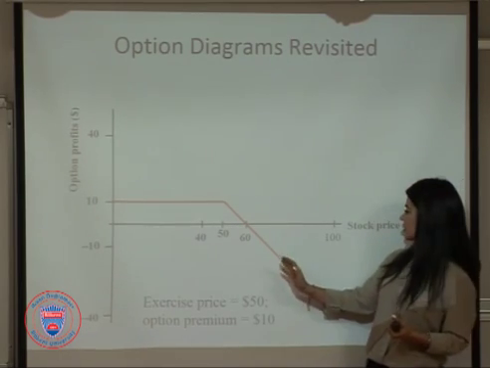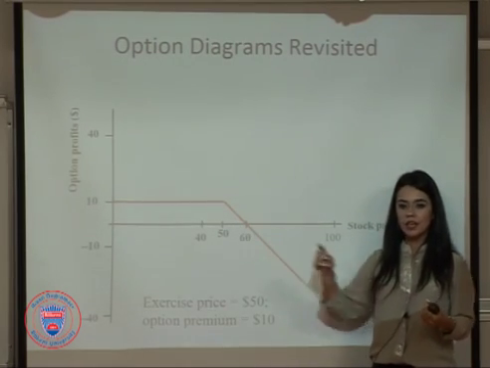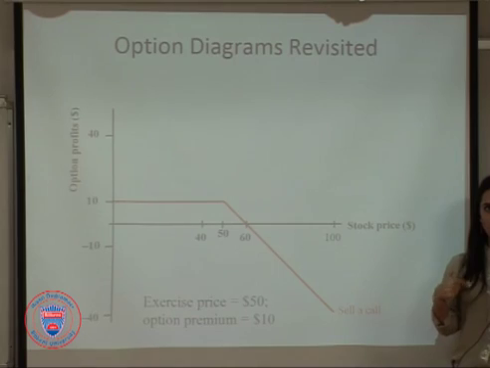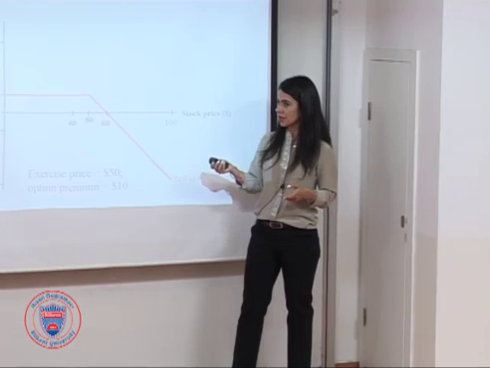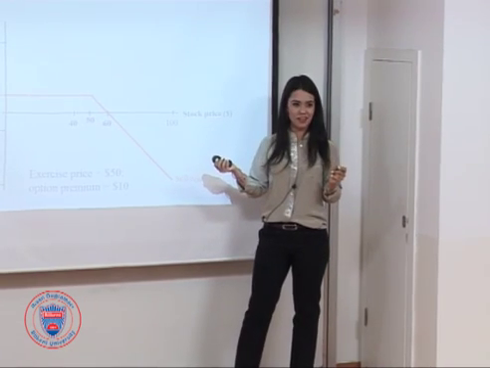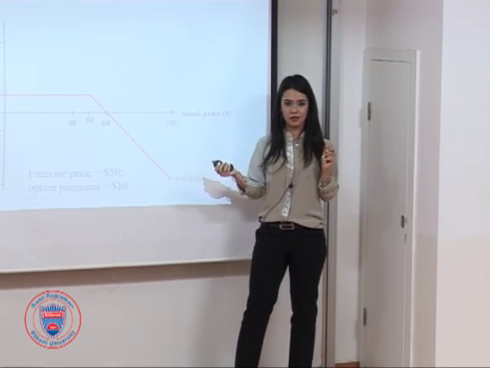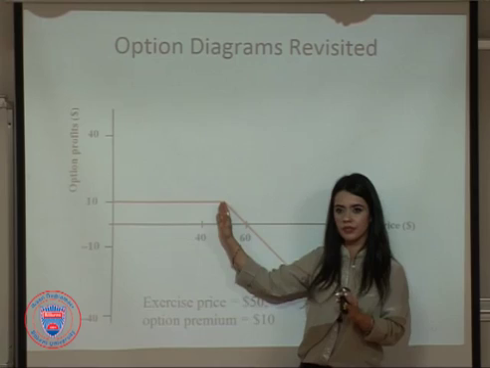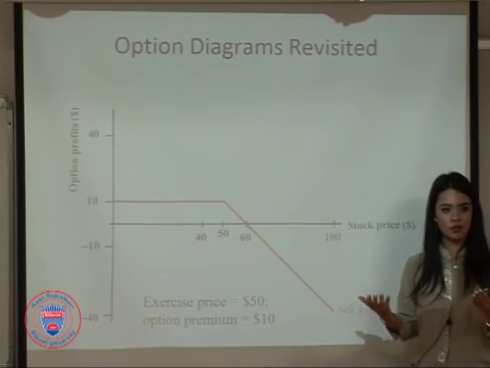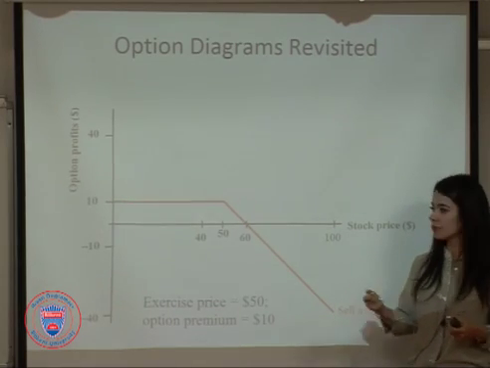And whenever the stock price is less than the strike price, would the buyer of the option exercise the option? No. So in that case, you're just getting your profit from the price you got for the sale of the option.